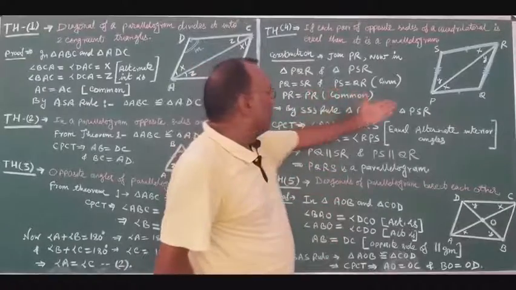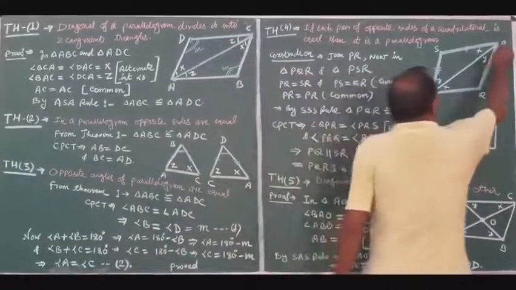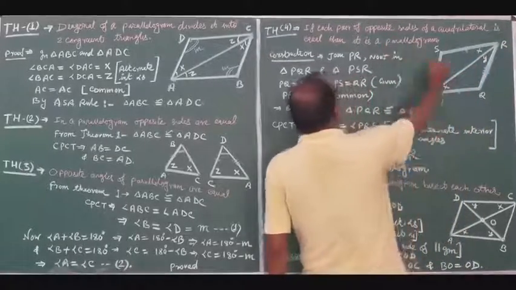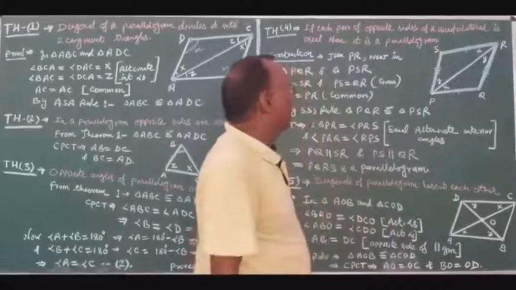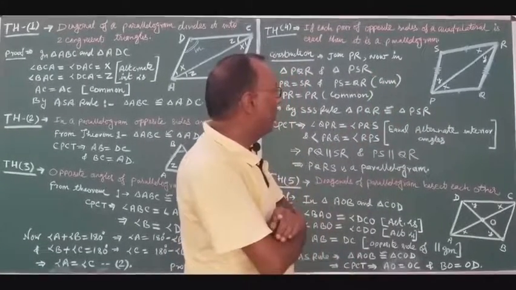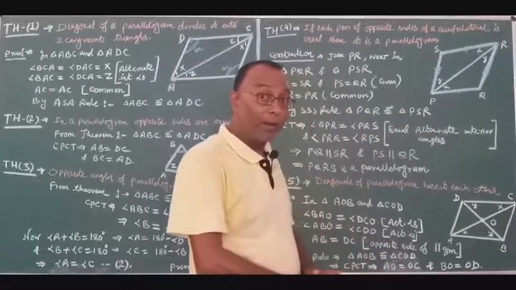Okay. Just do this construction. Join these 2 points, P and R. Construct the diagonal PR. Now PR is dividing the quadrilateral into 2 triangles.